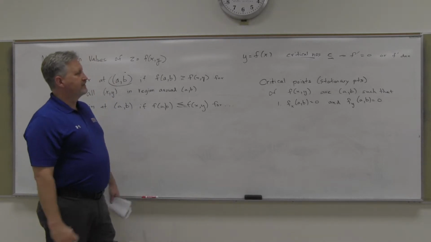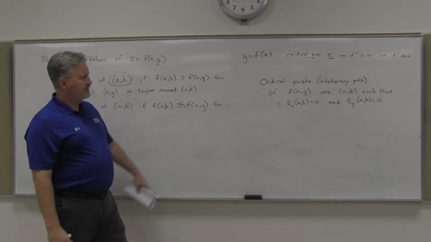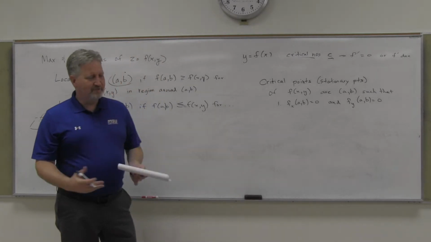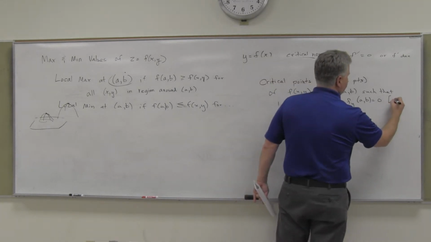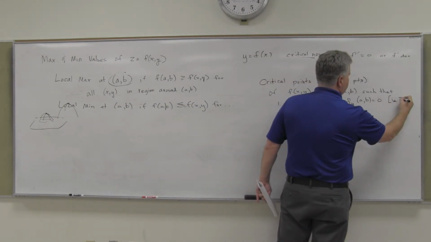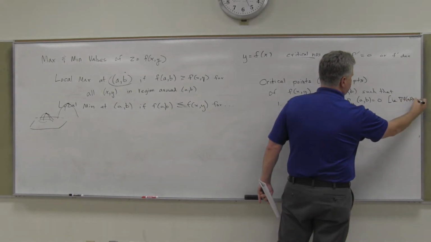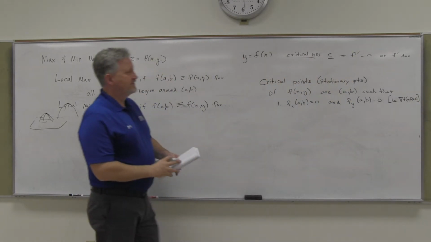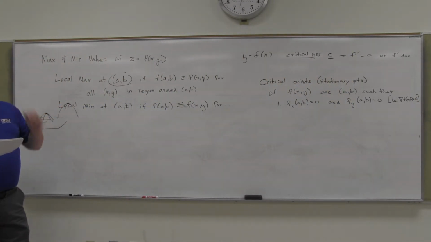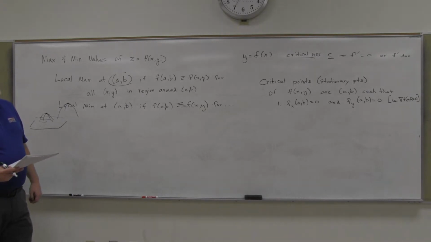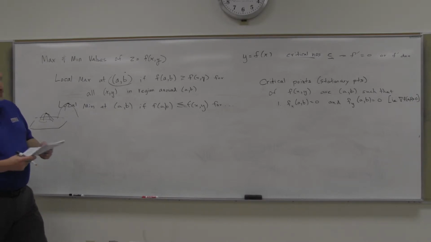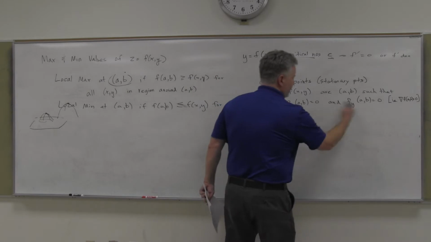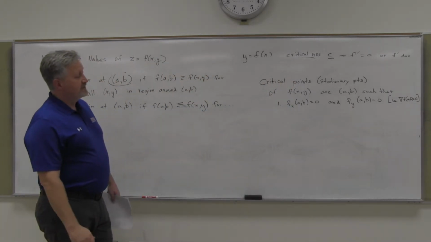Another way to say this is that the gradient of f at a, b equals 0. The gradient of f is the partials put together. But in general practice, this is how we find them.